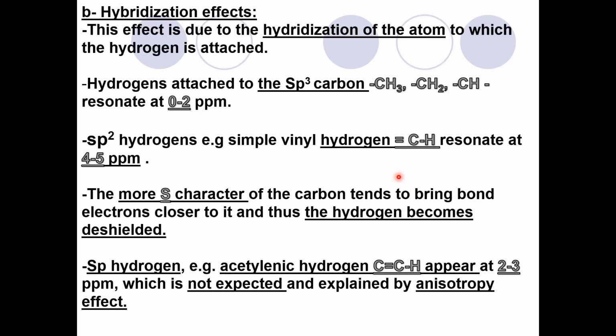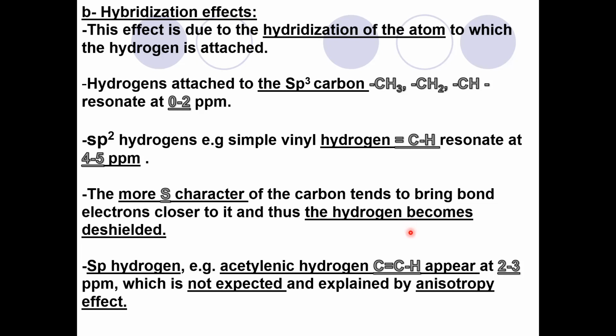The second factor that influences the chemical shift of a proton is the hybridization effect, the type of carbon to which the proton is attached. Is it sp3, sp2, or sp? We observe that the more s character the carbon has, the more it tends to bring bond electrons closer to it and thus causes the hydrogen to be de-shielded.